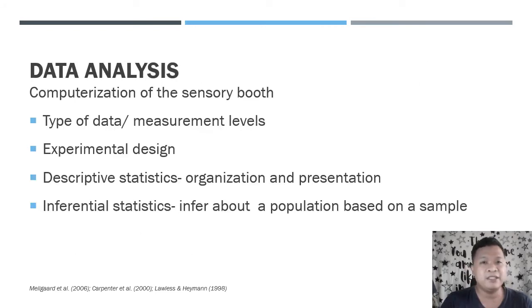So by the way, these things are applicable not just in your sensory evaluation class, but in pretty much all your scientific researches. So we always need to know, first of all, based on the objective and the sensory evaluation test conducted, what type of data are we measuring? Are these countable information? Are these nominal information that you can bin, like how many respondents are male, how many are female?